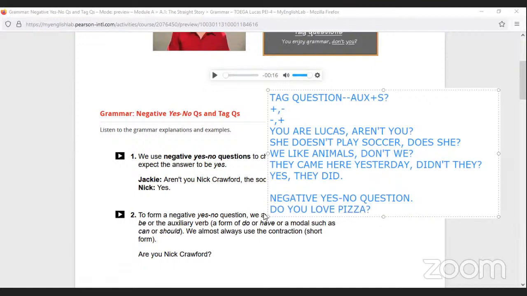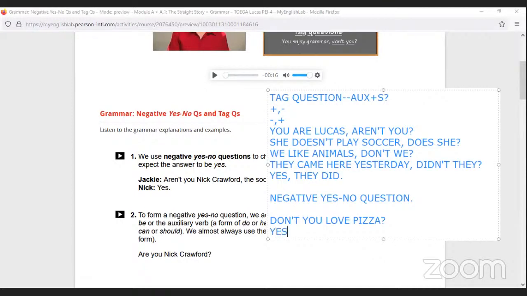This is an affirmative yes/no question. How can I convert this into negative? The only thing I do is start with a negative auxiliary: don't you love pizza? I can answer with yes, I do. For example, if I say, are you Lucas? How is my negative yes/no question going to be?